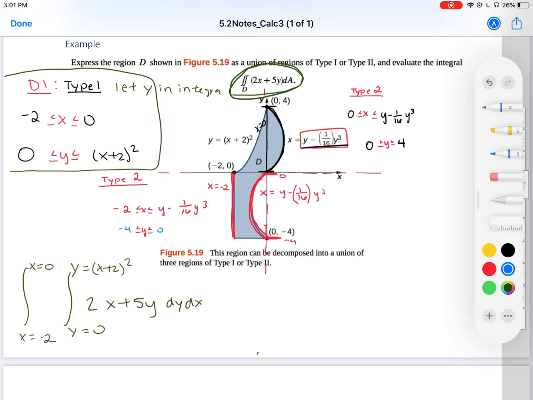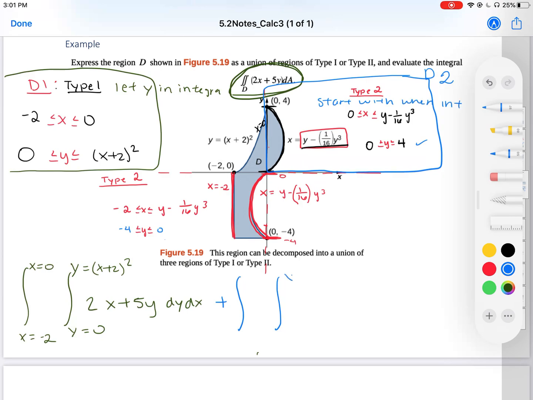Next, I'll do in blue. We have this other region. We should have called that one D2. We're going to write a plus, and we're going to set up our integration. Because we have type 2, meaning we worked with the y's as our region we're enclosing, we want to start off with x. So start with x when integrating.